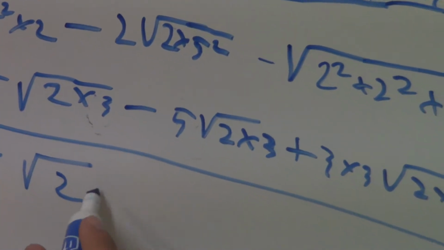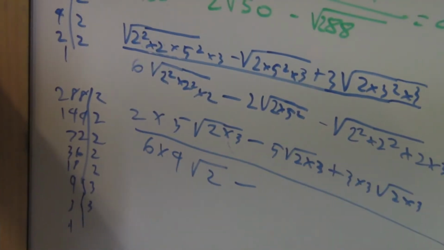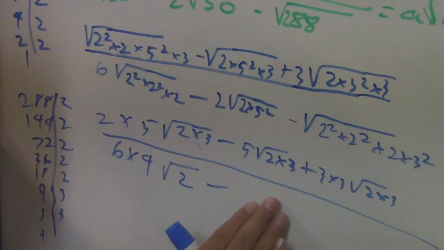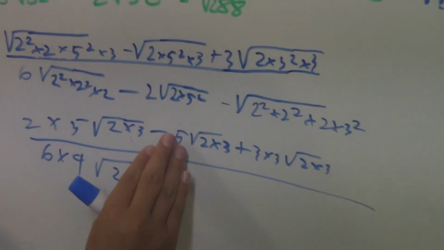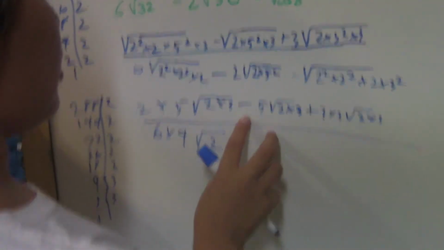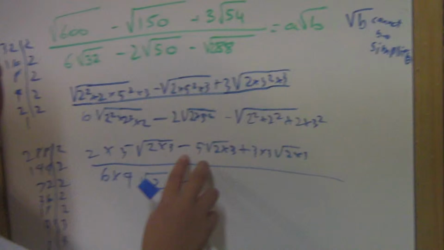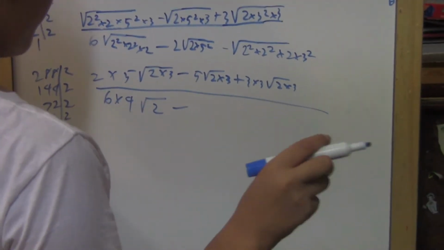Times the square root of 2. Well, actually, to let you know, the only difference here is that this is a denominator, this is a numerator. So therefore, these two things can be different. We don't have to do anything to relate with these. Don't be overly worried about that, ever.